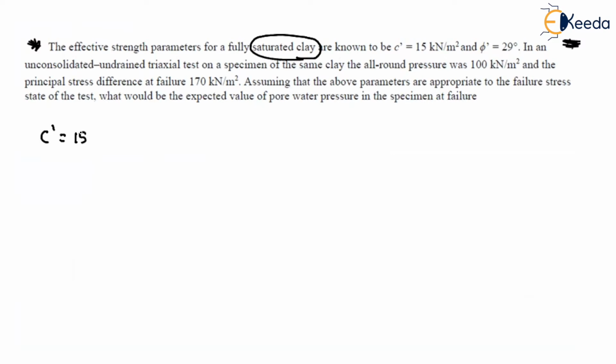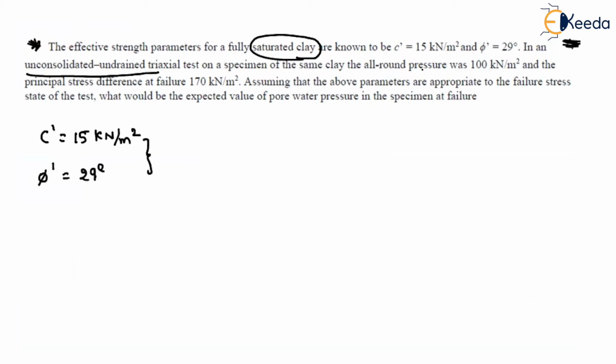Effective cohesion is given as 15 kilonewton per meter square, and effective angle of friction is given as 29 degrees. Okay. In an unconsolidated undrained test, now an unconsolidated undrained triaxial test on a specimen of the same clay, as it is the same clay, we can use these two parameters.